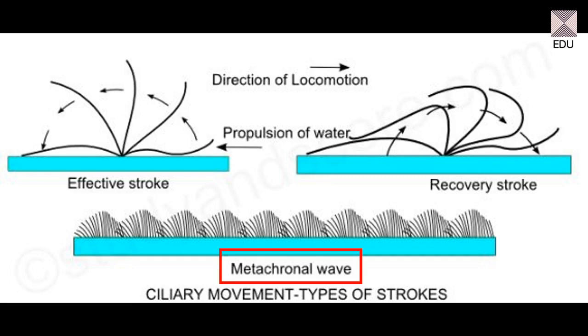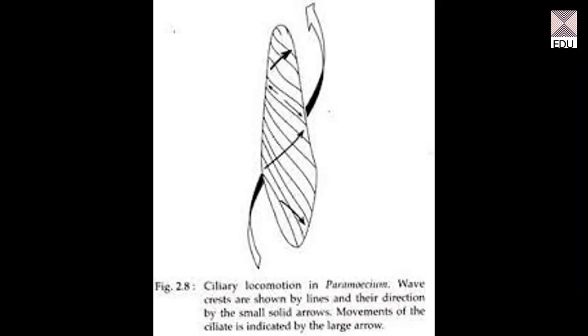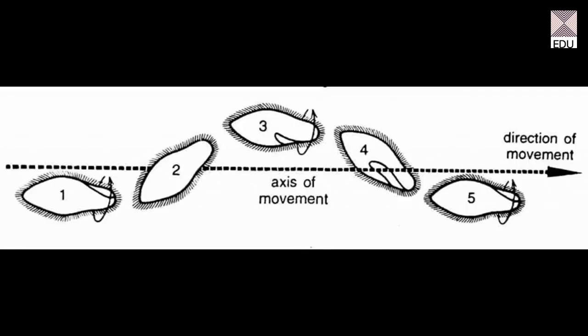Then you have to give something about the metachronal wave. Then you have to make this particular diagram, which shows the anti-clockwise spiral movement. With these two diagrams, you can explain its movement. So that was all about the locomotion in paramecium.